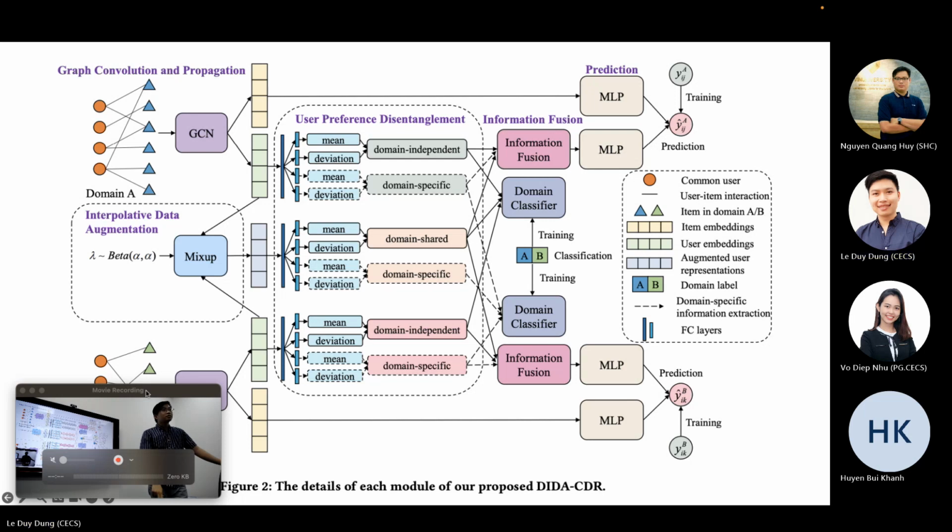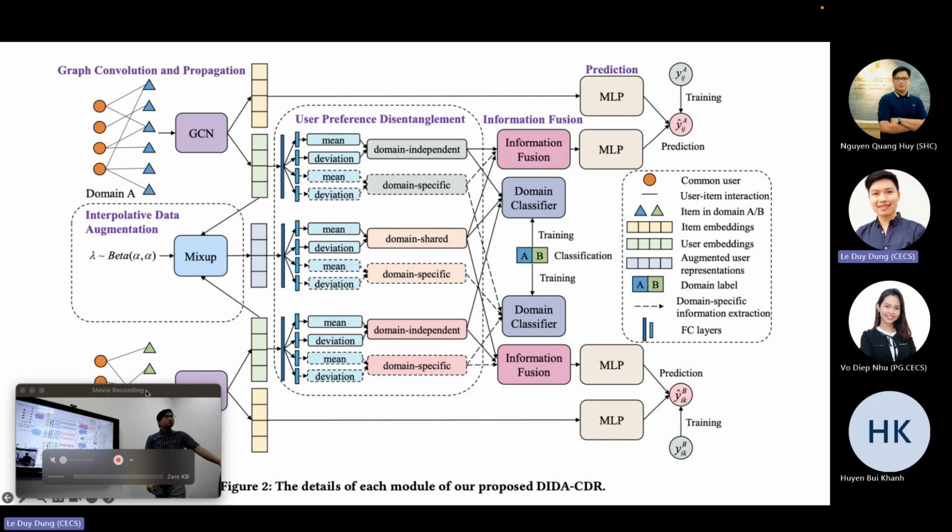Yes, it's correct. There are three loss functions and they combine together. The first one is for independent and shared of the first domain classifier. The second one is domain specific, for the user embedding method. And the last one is the prediction.